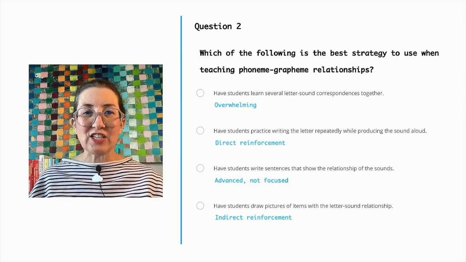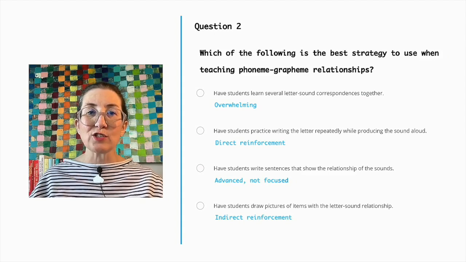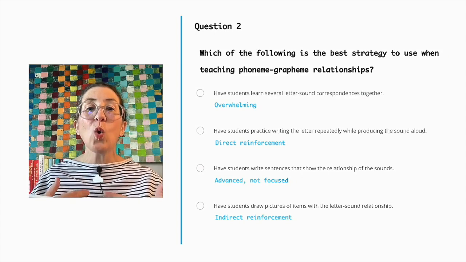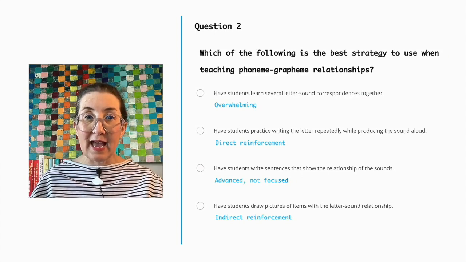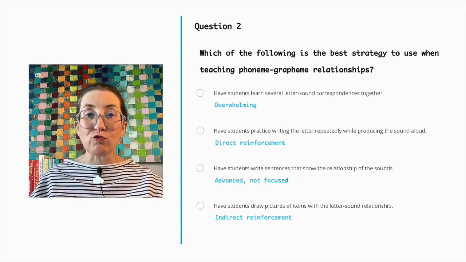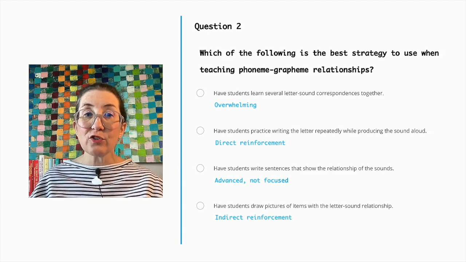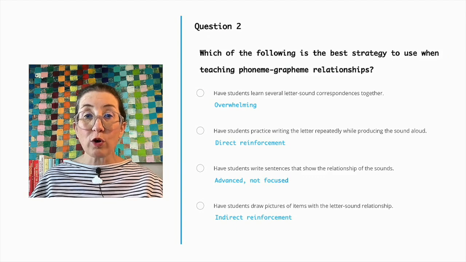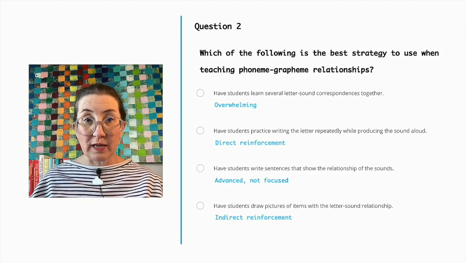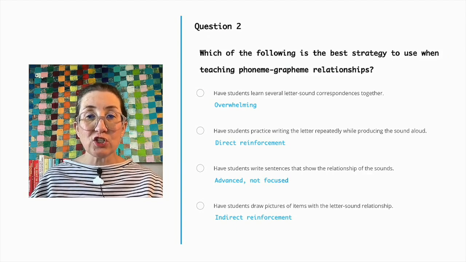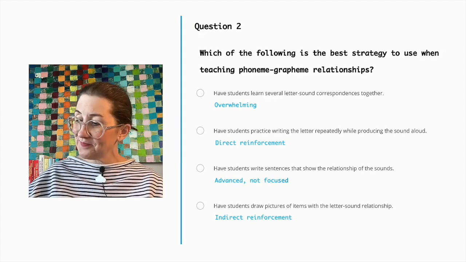The best strategy is to have students practice writing the letter repeatedly while producing the sound aloud. This method directly connects the visual letter, the grapheme, with its corresponding sound, the phoneme, reinforcing the relationship through both writing and auditory repetition.